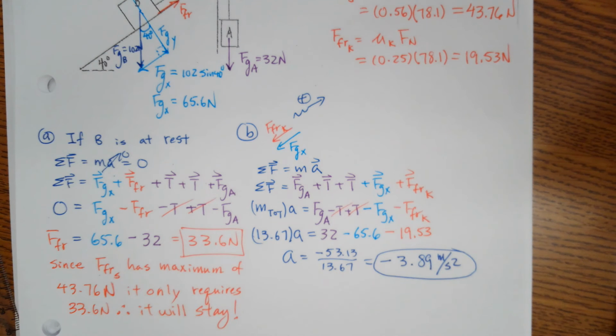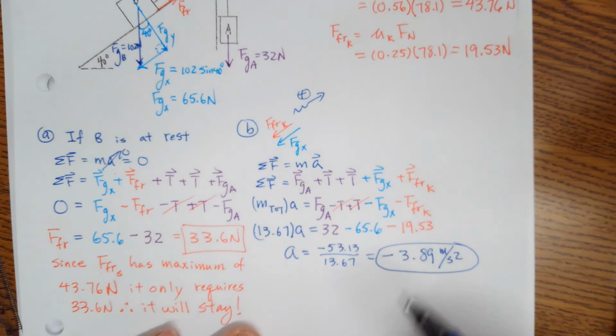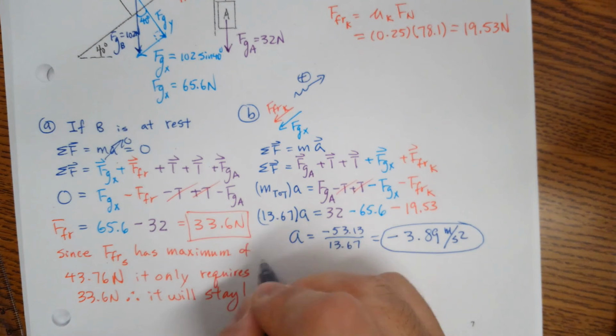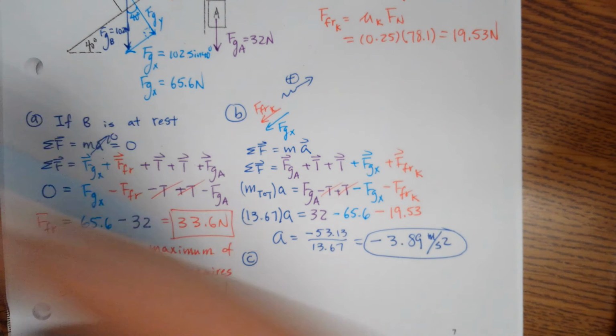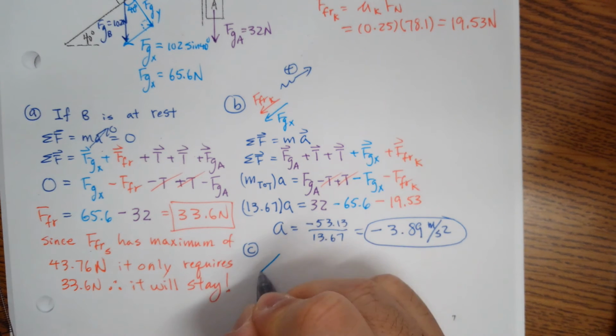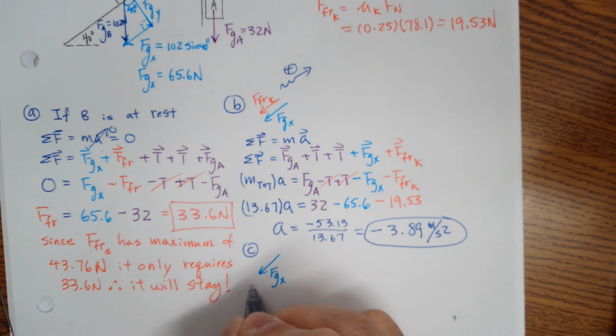All right. Now, what if B was moving down the incline? So for part C, we still have FGX going down. That's going to be the positive direction now, right?